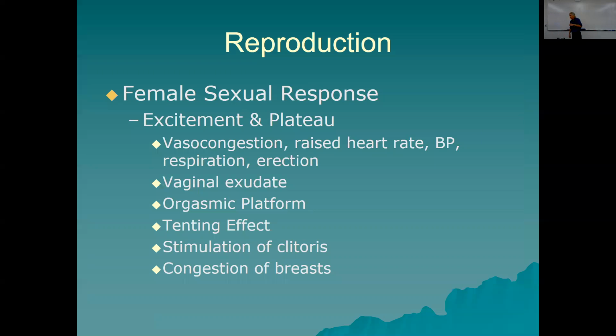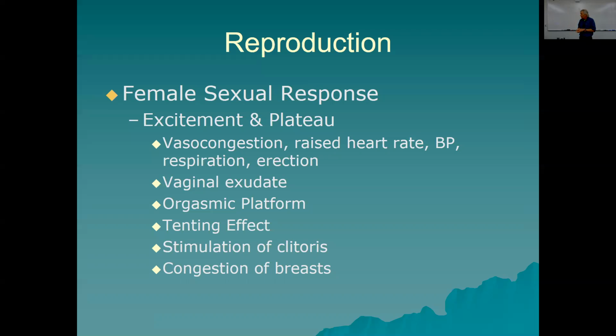Okay, female sexual response, it's really pretty much the same as male sexual response. We have excitement and plateau, vasocongestion, raised heart rate, blood pressure, respiration, and erection. And as I mentioned, females have erections also. The clitoris and the vestibular bulbs become erect. There's a vaginal exudate, which provides lubrication for sexual intercourse.